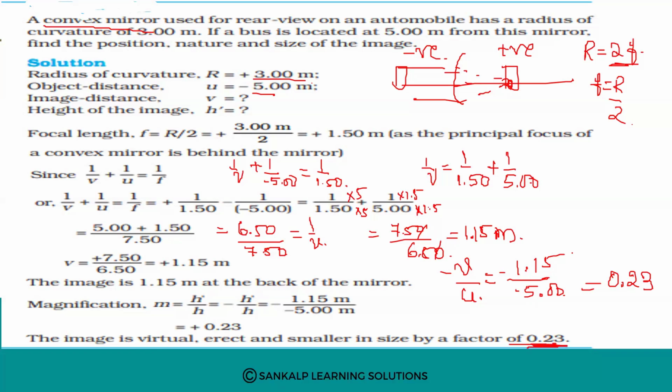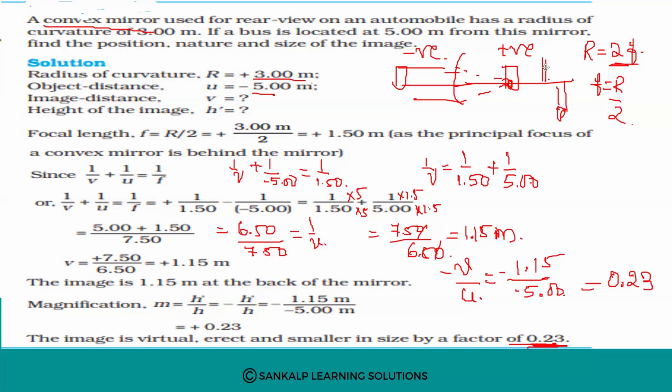So the image is virtual and erect. Erect means what? Upright. Virtual means it is forming behind the mirror. So when it forms behind the mirror, the image is virtual. And here there is a plus, so plus 0.23 means it is upright. Upright means it is erect. If you get an inverted image, that is negative.